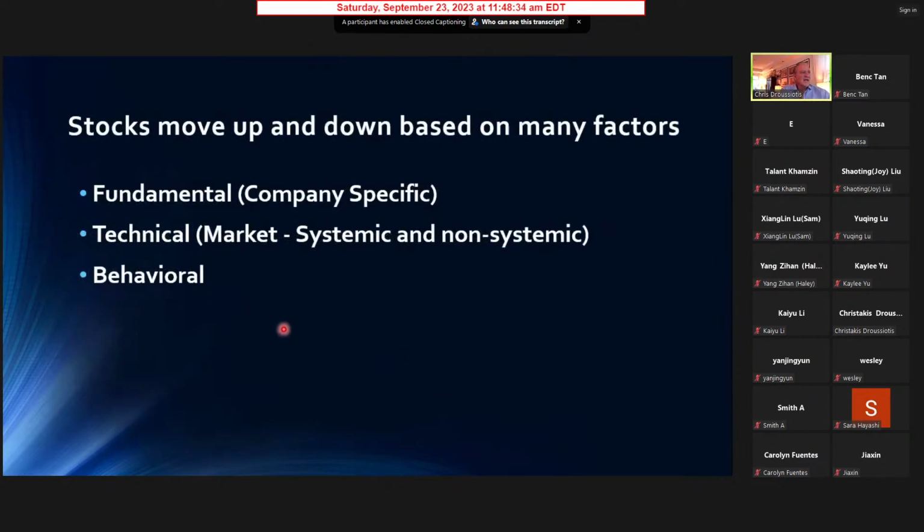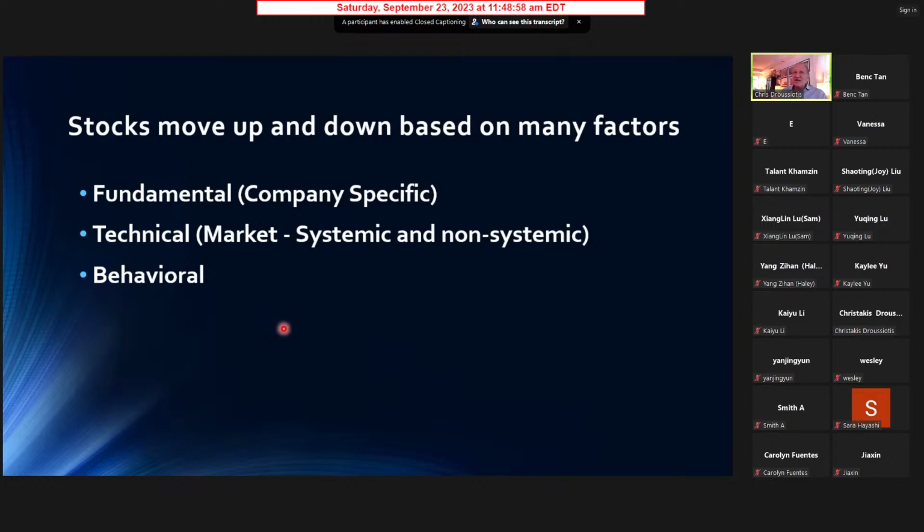Now, when I pick up a stock, if you think about a stock, there's not much information on the company. I was fascinated with this from an early age, looking at the stock price. I said, why does the stock go up and down with no information on the company?